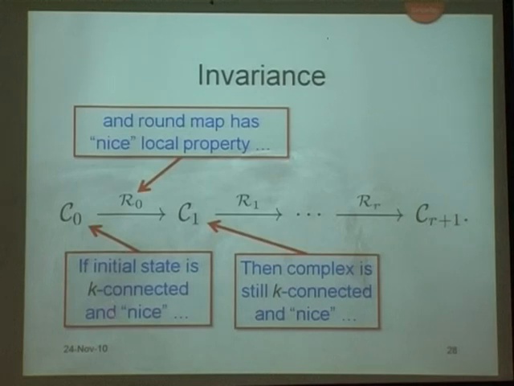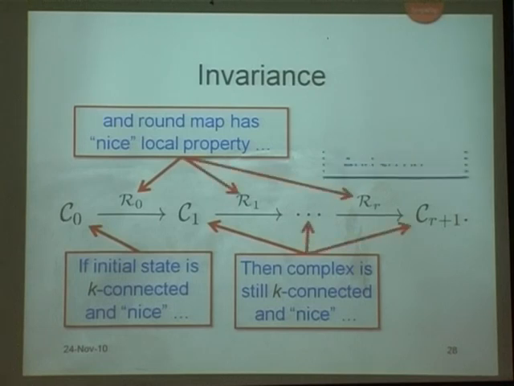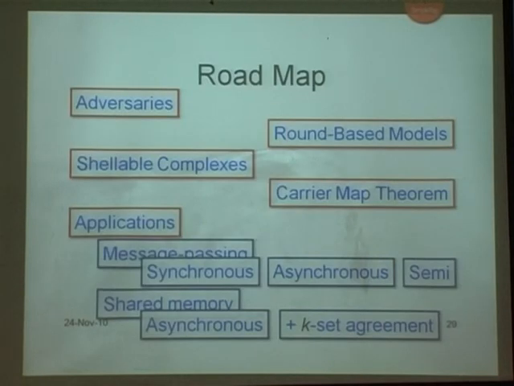So this nice and this nice aren't going to be the same property, but they're going to have to fit together. And so that's our strategy. And so then by pushing these things on, we'll be able to show that the entire computation is highly connected. And then we'll use that connectivity for lower bounds.